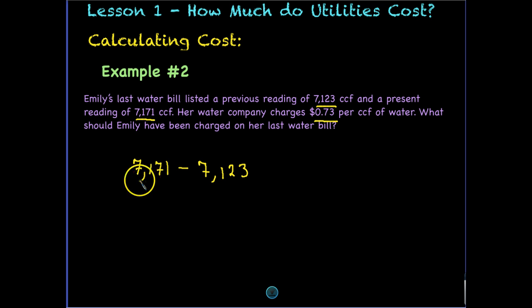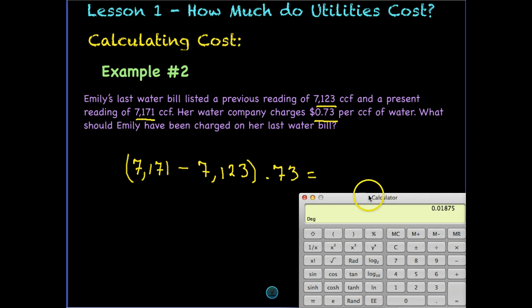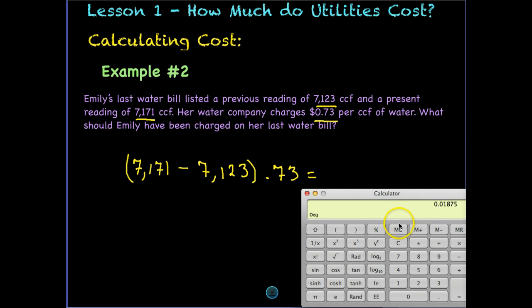Occasionally this can be measured in gallons as well, but we take that difference, and if we multiply it by the rate, which is 73 cents, we will find out what her water bill will be. And again, that's something that you can find out from your water bill. What do you charge per cubic foot? You can look at your meter and you can keep track of what you actually use in a month. This can help you with budgeting if you need to conserve.